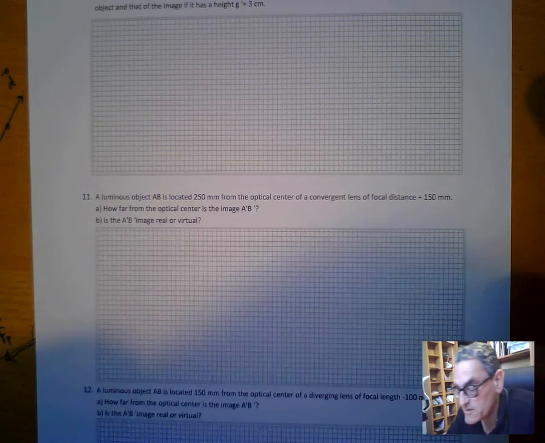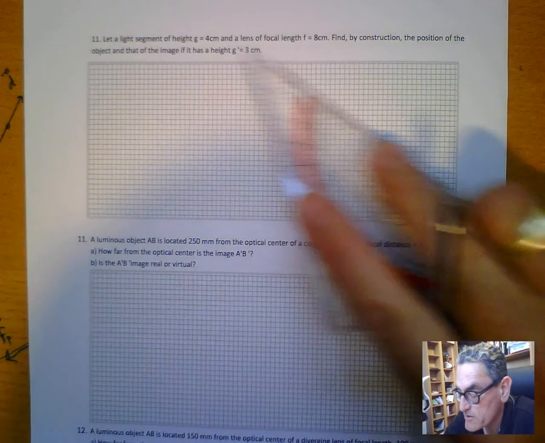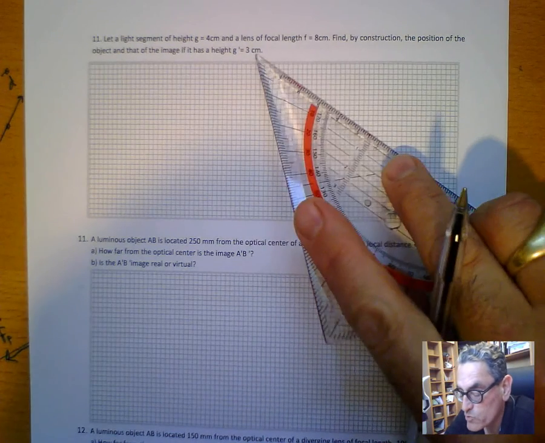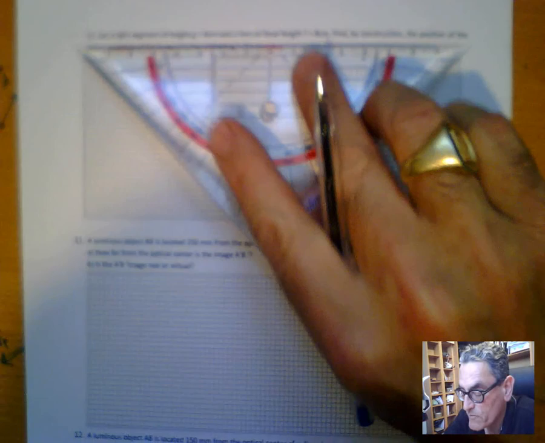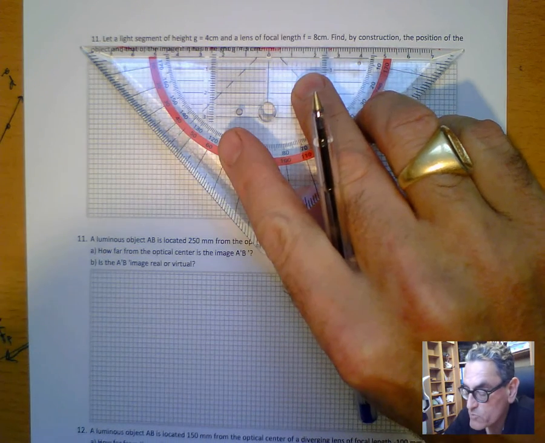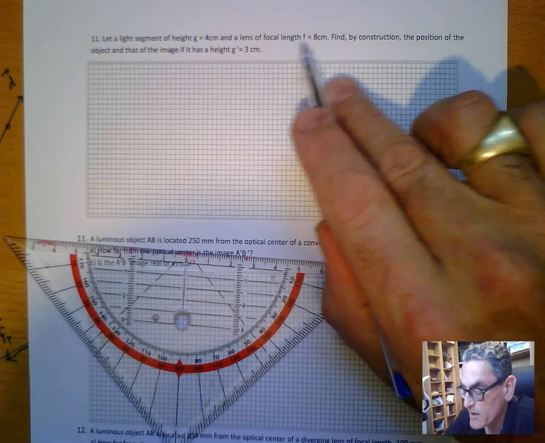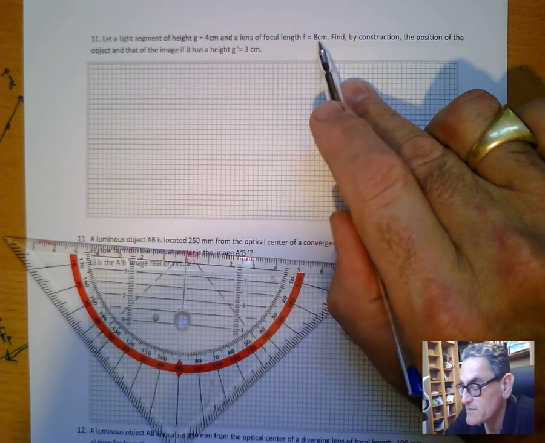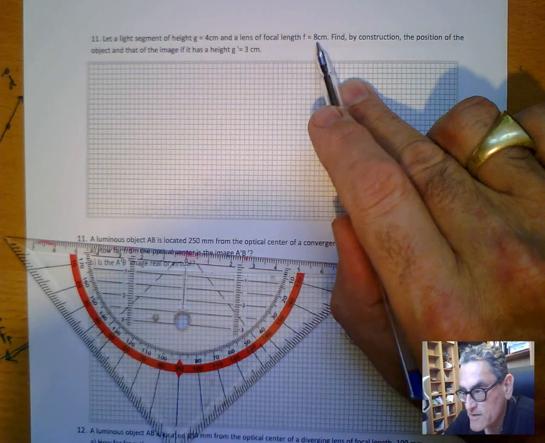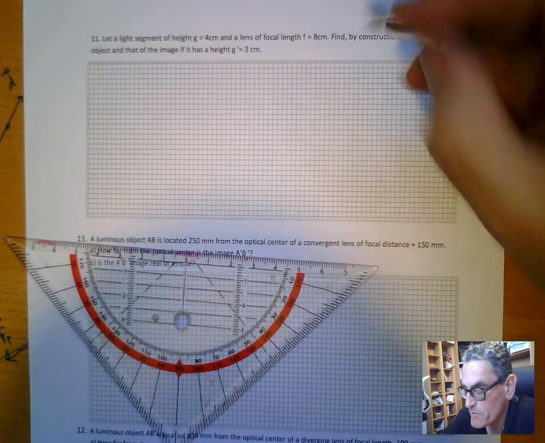Okay, the next exercise has nothing strange. The dimensions are fine. You can take a scale 1 to 1. We have an object which is a light segment, like a neon light if you want, of height 4 centimeters. We have a lens which has focal length 8 centimeters. What kind of lens is that? You remember?